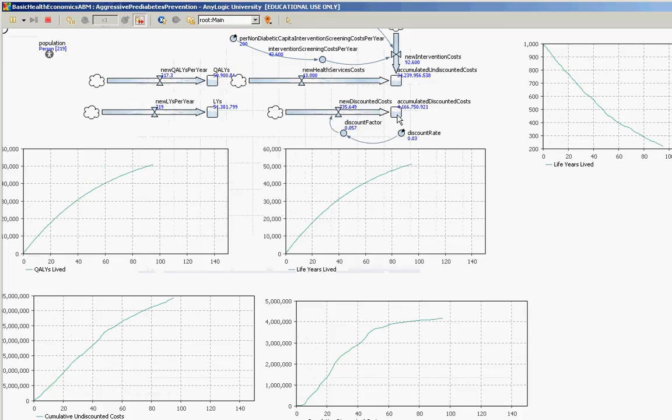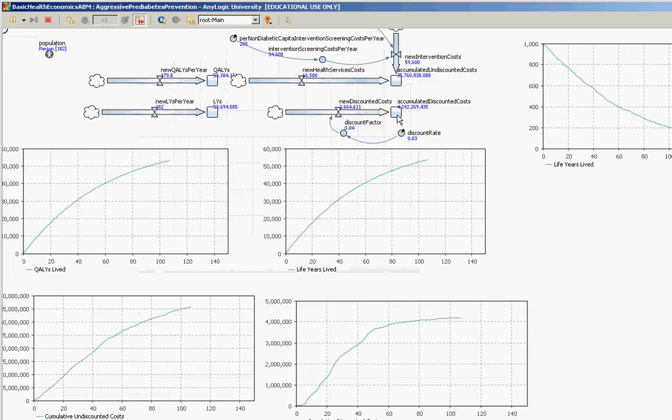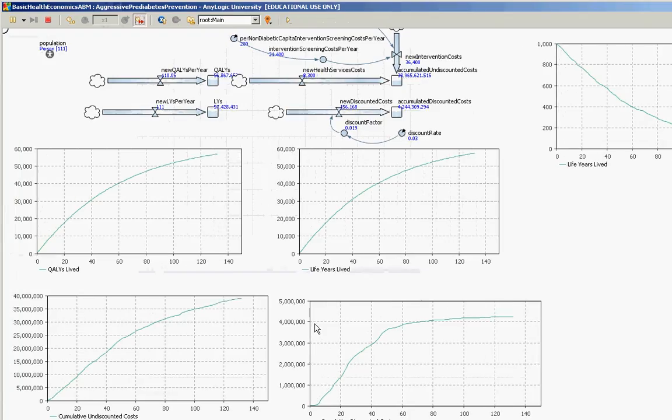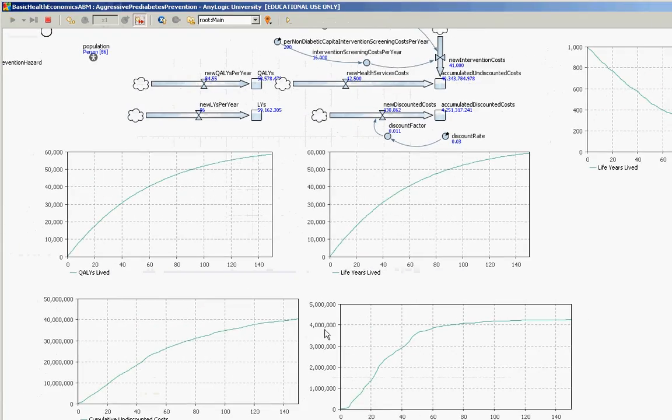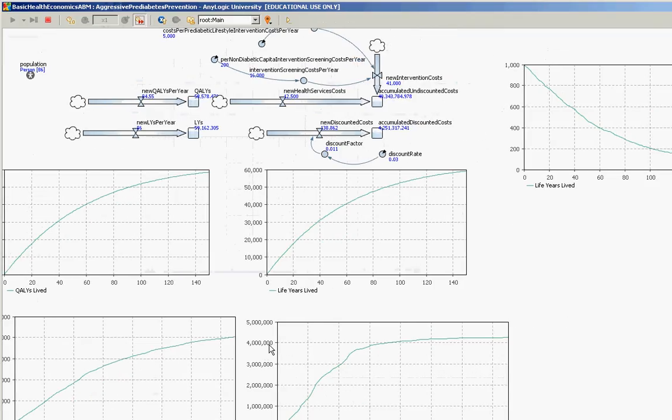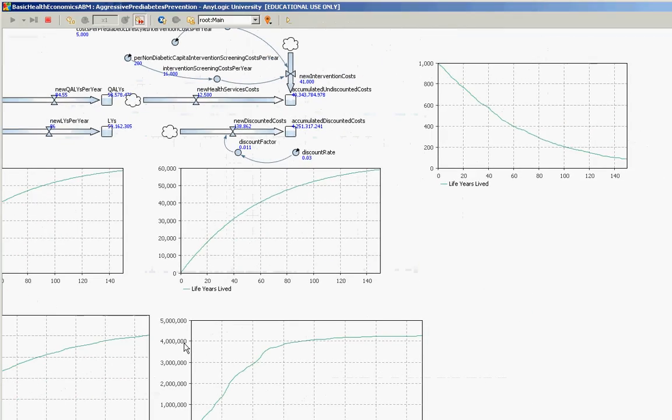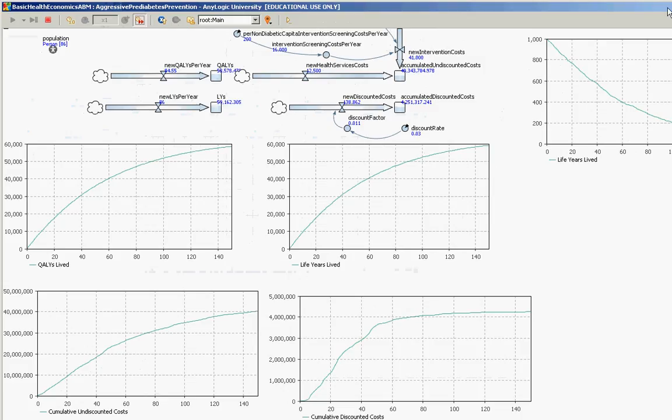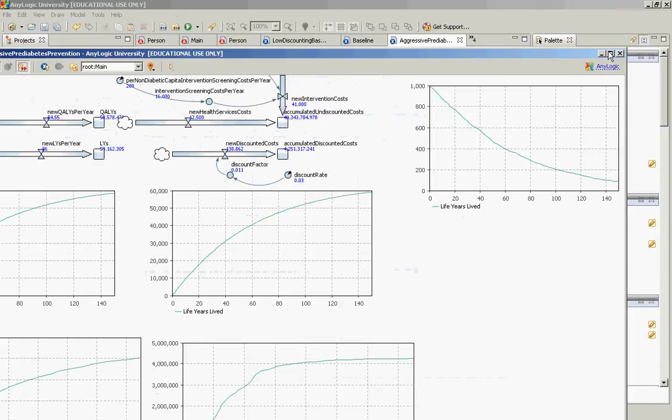But you'll notice that the costs do remain rather low and rather modest at the 150-year time frame. We have some sort of Methuselahs living a very long time period. Okay, so even a highly aggressive program imposes a cost.